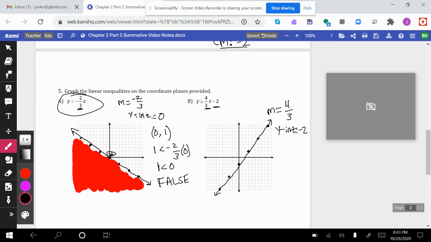And again, I'm just going to pick the easiest point we can, which is going to be, in this case, our origin, 0, 0. So I'm just going to write that down. I'm plugging in 0, 0.